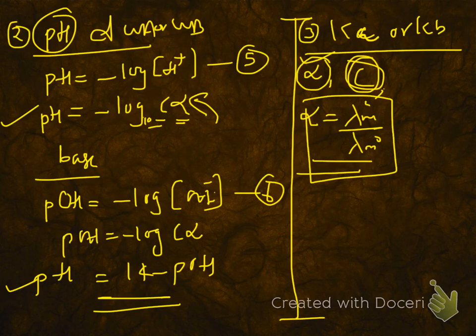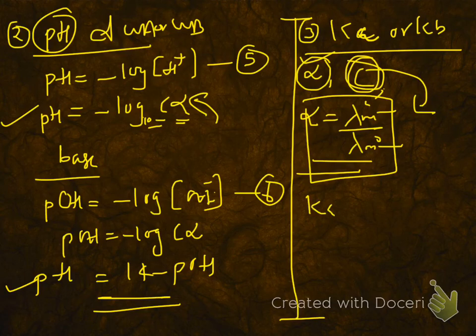Using a conductivity cell, you first measure the molar conductivity of that solution, that is lambda m. Lambda m0 for any electrolyte is already known, a predetermined value. By substituting these two values, you will get alpha. Concentration is known.